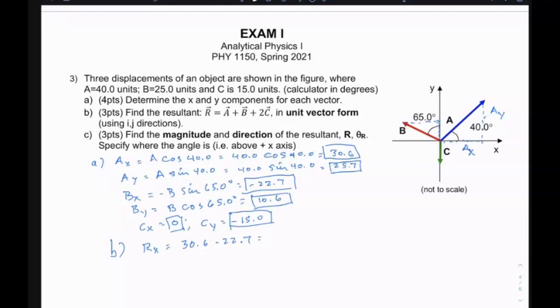And when we do that, we get that that's equal to 7.9.